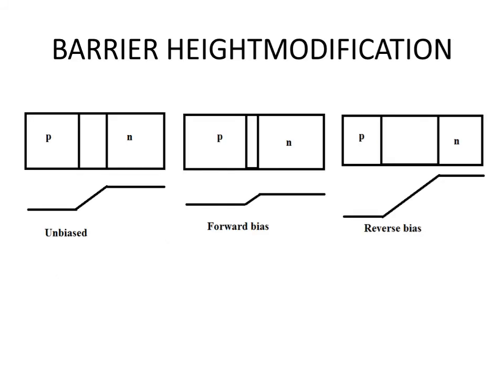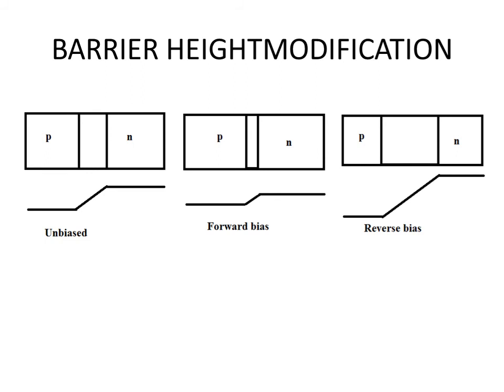So in this diagram, I have tried to sum up what is happening to the PN junction under forward biased and reverse biased conditions. So I am showing 3 diagrams. First one is unbiased. You have got a P region and N region, and a depletion region of moderate width, and a potential barrier of moderate height.